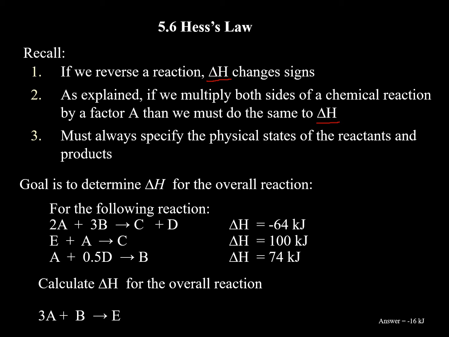So here's an example below where we don't use particular chemical compounds. We have here 2A plus 3B gives us C plus D, etc. We have 3 sets of reactions, and we need to get the overall reaction of 3A plus B to give us E. So we look at the first case here, E, the second reaction, E plus A gives you C. We notice at the very bottom here that the E is located on the product side.